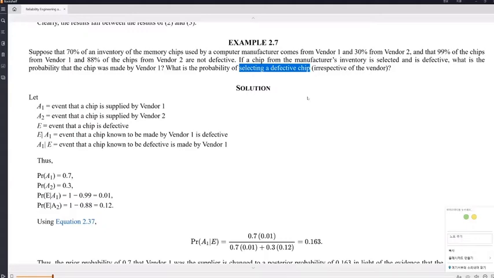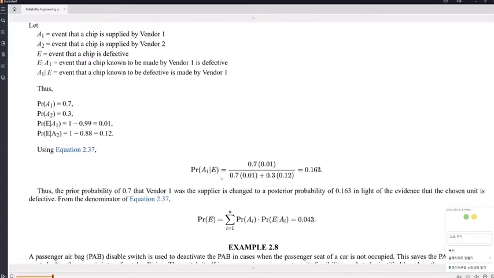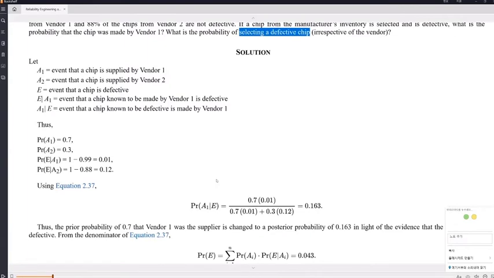That is, the probability that the defective chip that we just found came from vendor 1, and the probability that the defective chip came from vendor 2. What you should know is that this is the probability that a chip is defective given the chip was supplied by vendor 1.